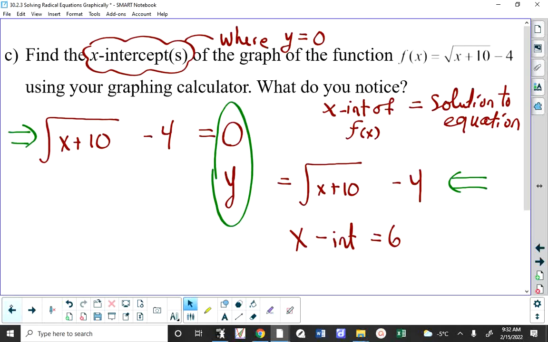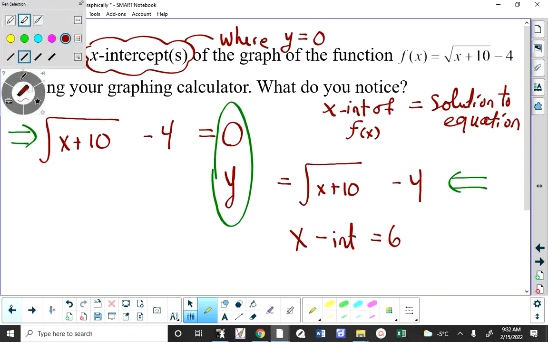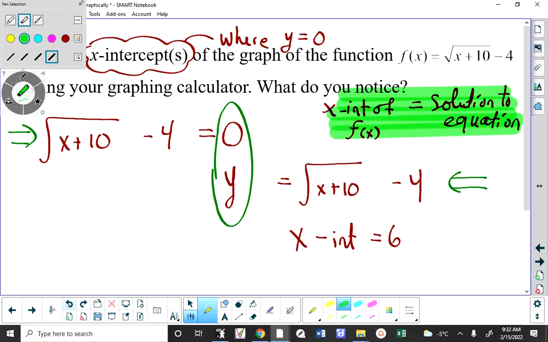So this part right here is the most significant idea so far. It's got nothing to do with radical equations so much as it has to do with that concept.